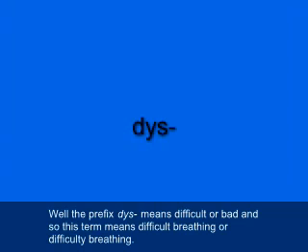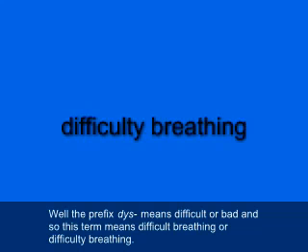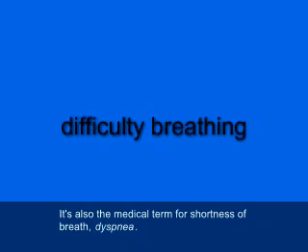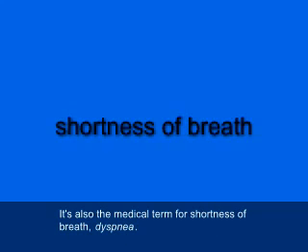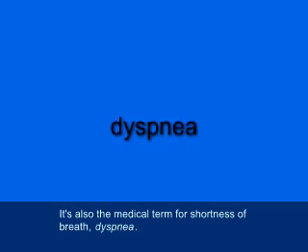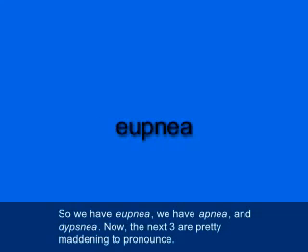Well, the prefix dys means difficult or bad, and so this term means difficult breathing or difficulty breathing. It's also the medical term for shortness of breath. So we have eupnea, apnea, dyspnea.